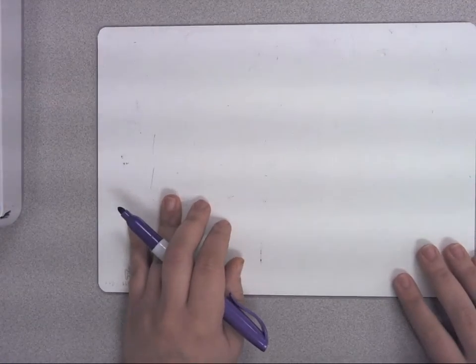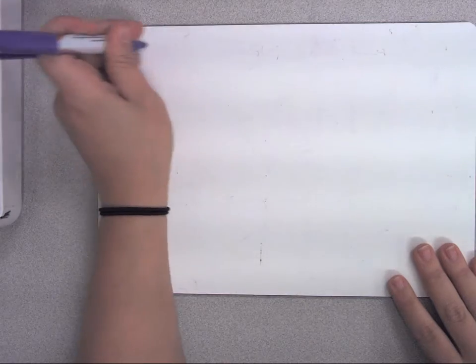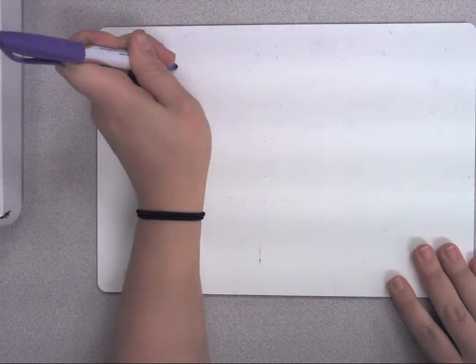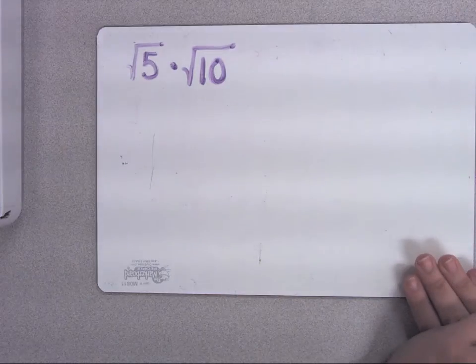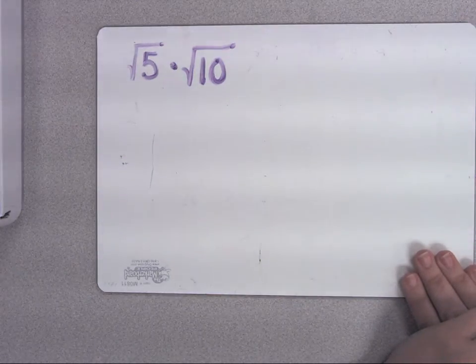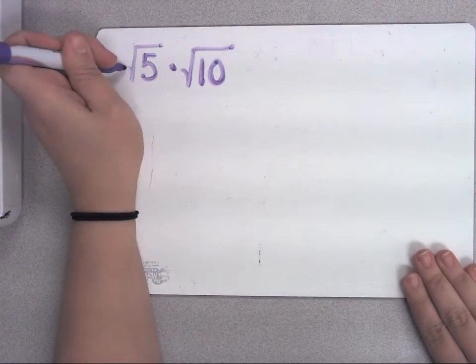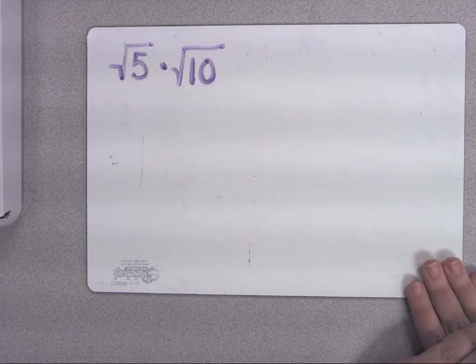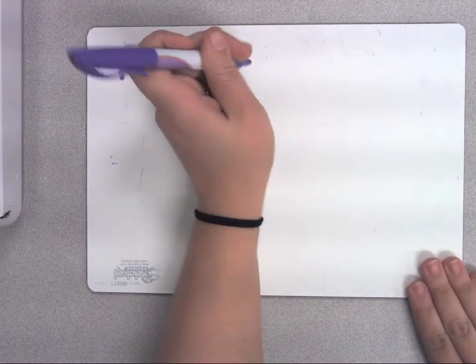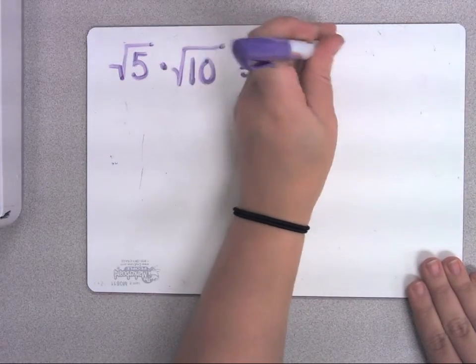Okay, how about square root of 5 times the square root of 10? Pick a method. I'm going to do the factor tree method. I'm going to turn it into one number and do the factor tree.